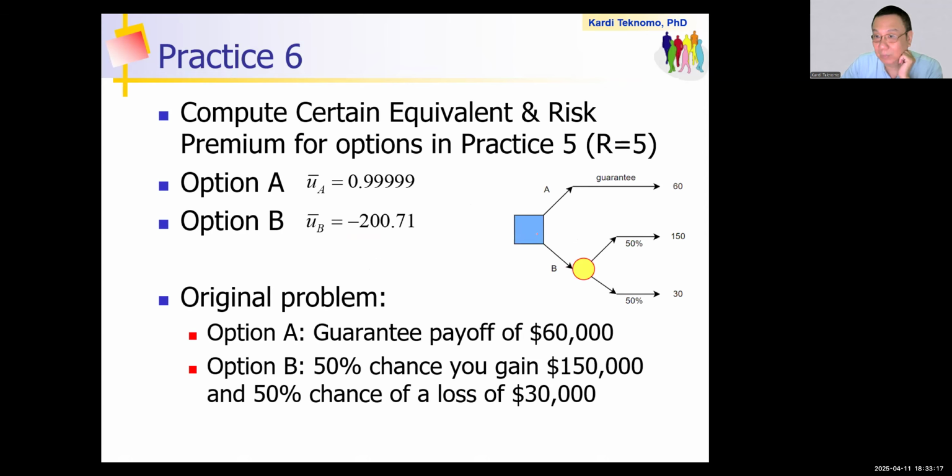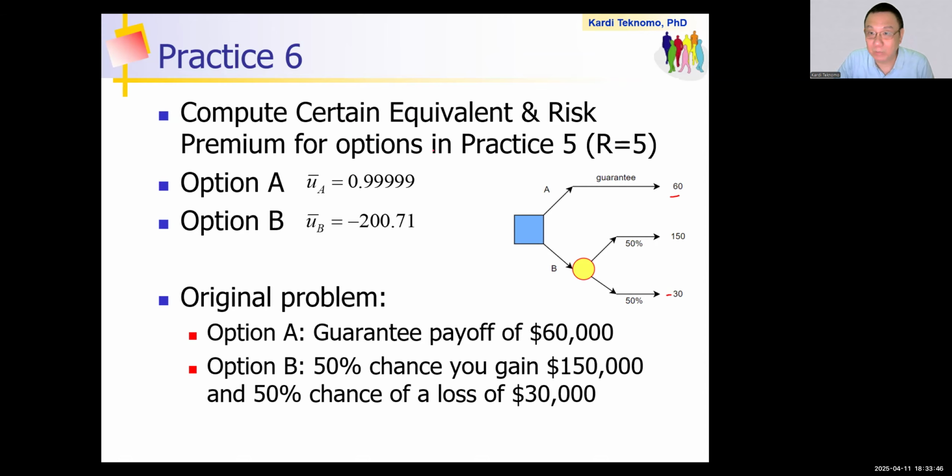Can you compute 60 guaranteed, and then this one is minus 150,000 and minus 30,000, 50/50. Can you calculate using certain equivalent and risk premium? And what will be your decision?